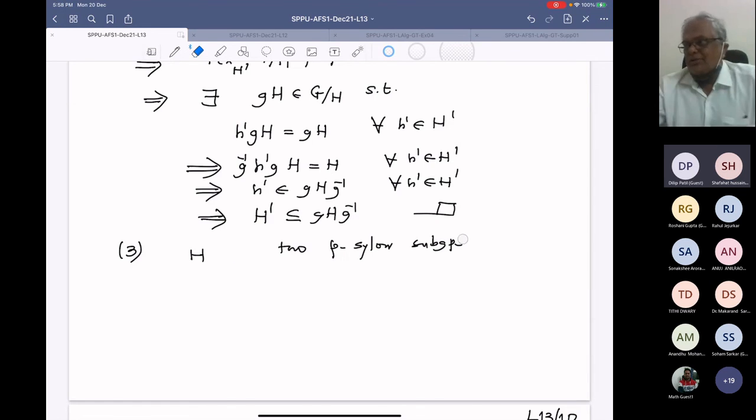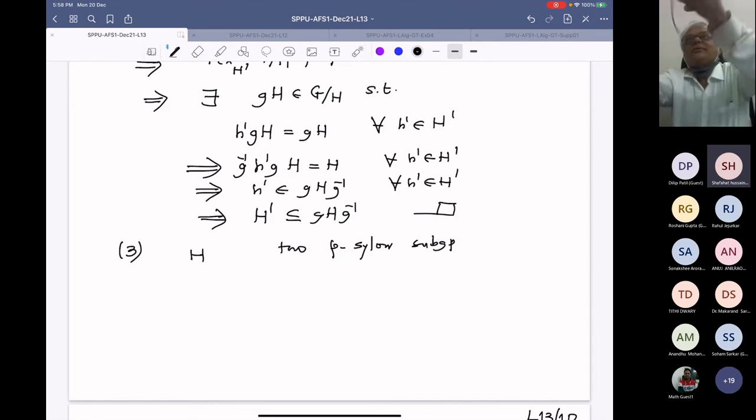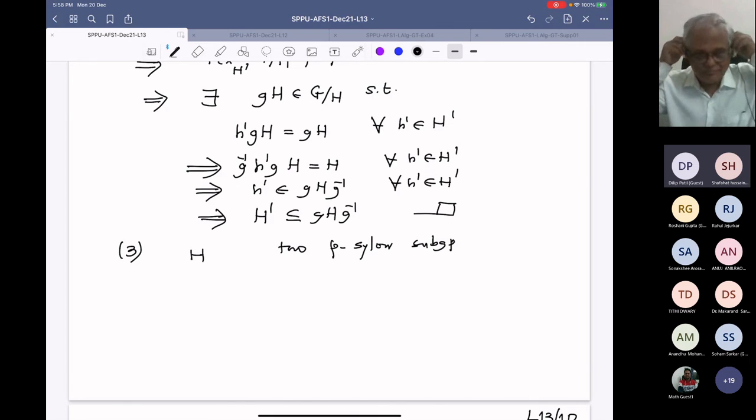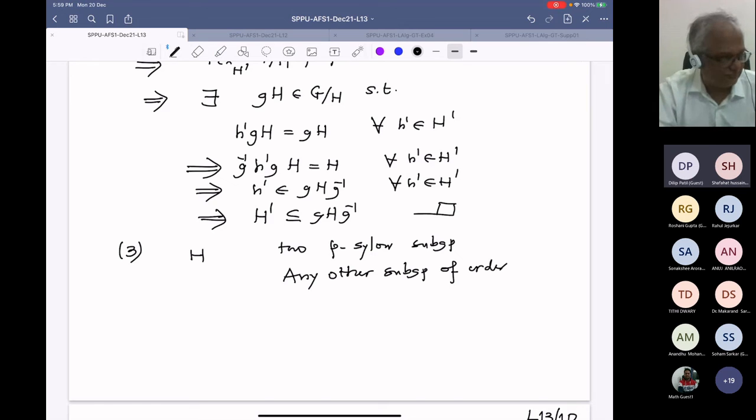So start with the Sylow subgroup H. And now you take any other subgroup of order P power alpha. That means any other Sylow subgroup.